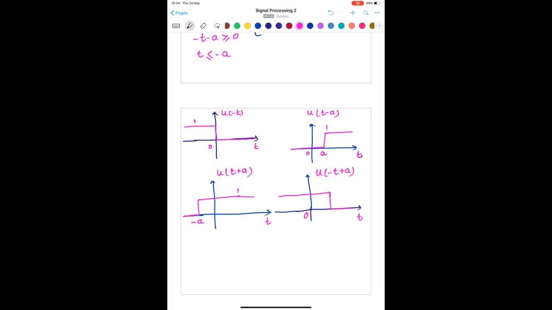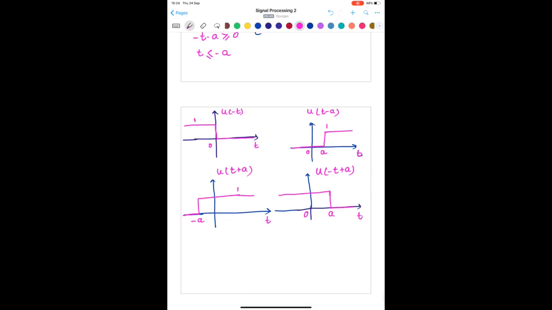So it will be all the points which are less than a, the amplitude is 1, and the last one is u of minus t minus a.